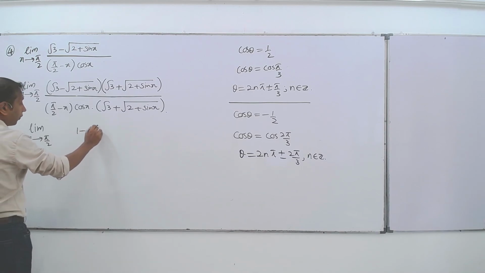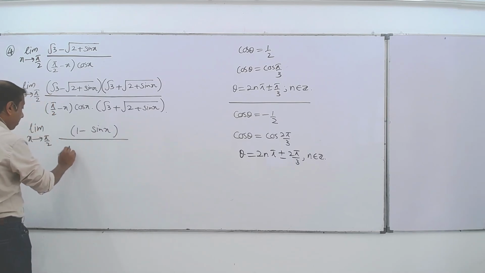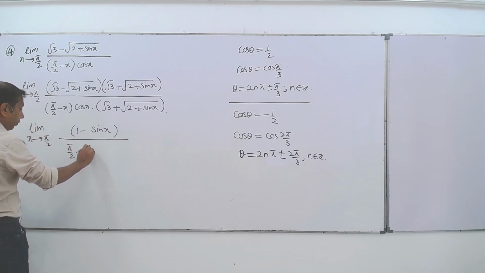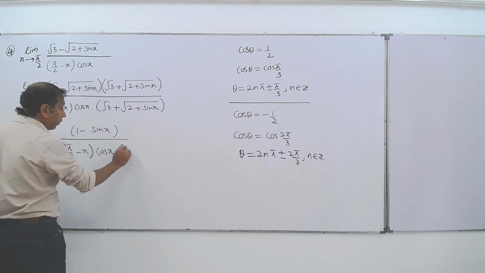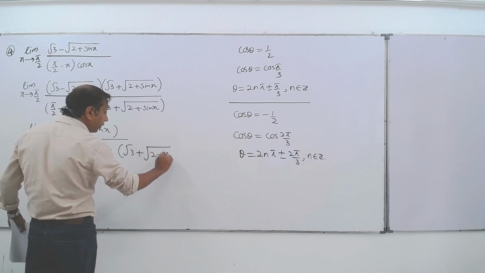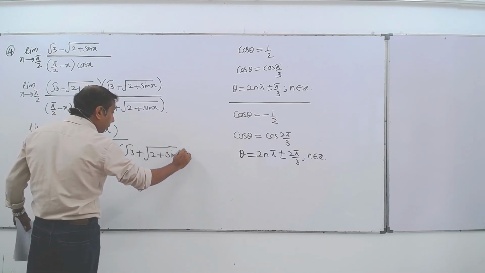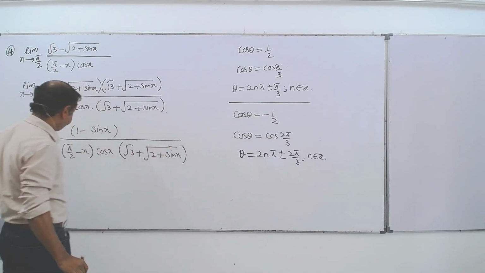One minus sin x divided by pi by 2 minus x into cos x, root 3 plus root 2 plus sin x. This is right.